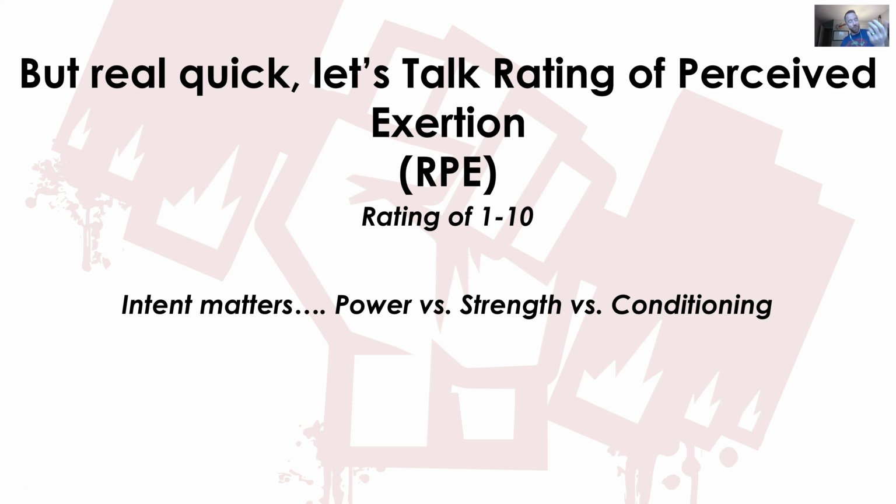It's just that we've been doing it this way so long, and it's an industry accepted term. But I dig it. So if that resonates with you as well, there's nothing that says you have to use the term RPE. You could just write QRLIT, quality reps left in tank, and then write the number of reps you want them to have left, whatever.